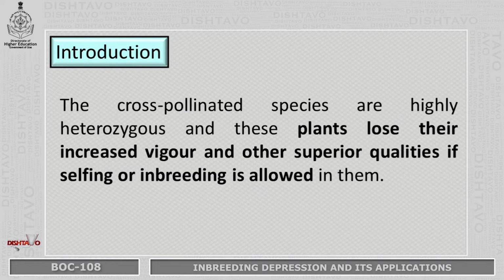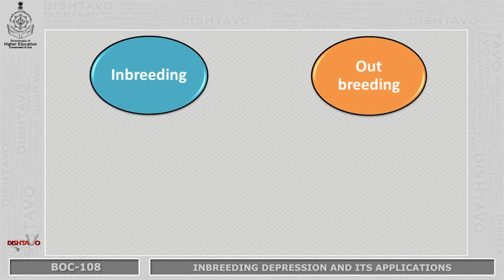The cross-pollinator species are highly heterozygous, and these plants lose their increased vigor and other superior qualities if selfing or inbreeding is allowed in them. Now let us learn about the definition of two terms, inbreeding and outbreeding.